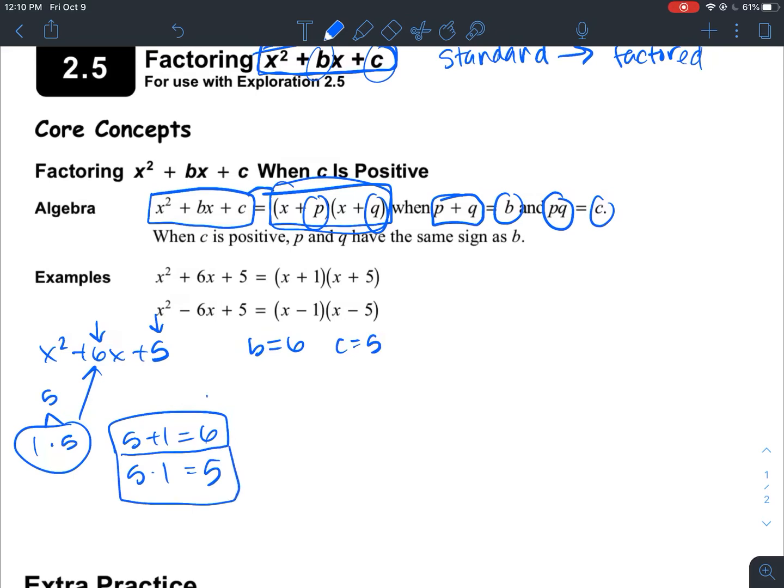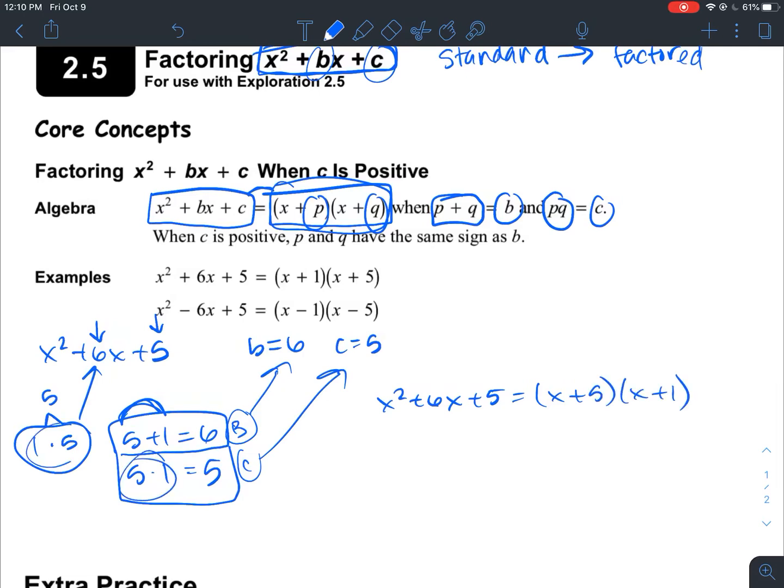This is the b value, this is the c value. So that means 5 and 1, these two values right here, are the factors. So x squared plus 6x plus 5 is equal to x plus 5 and x plus 1. These numbers right here that we found.